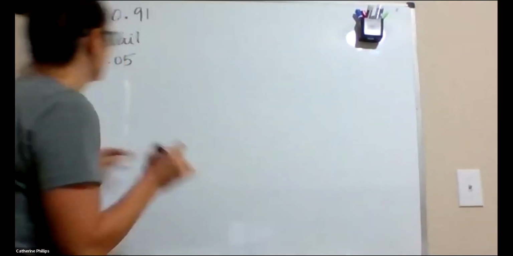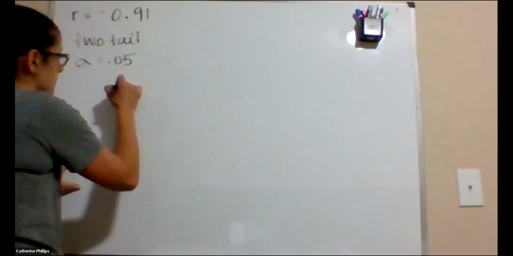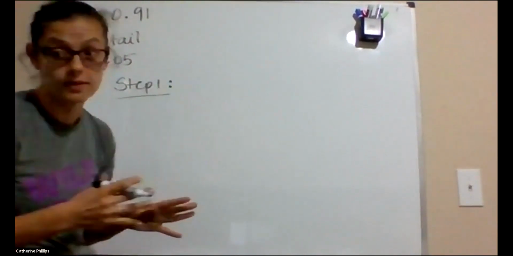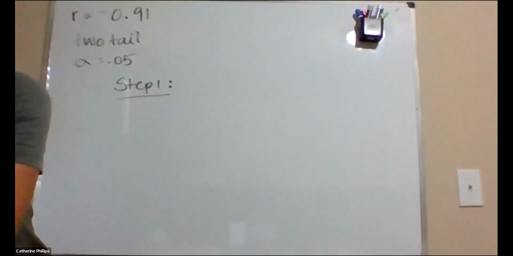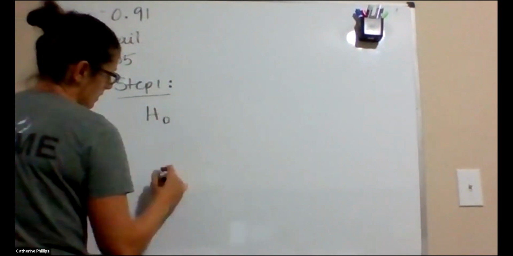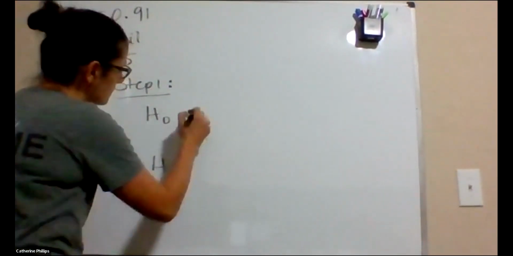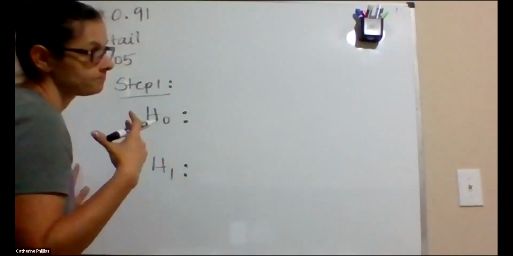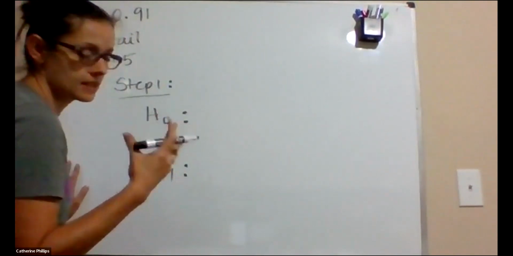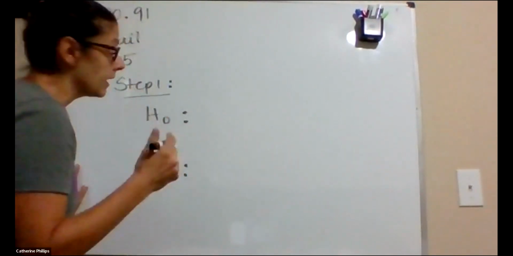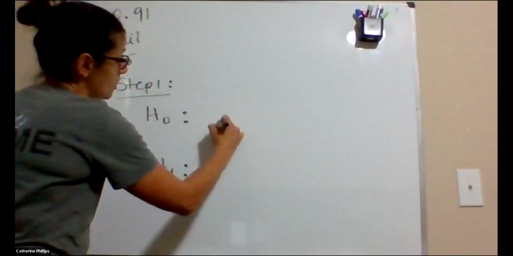Step 1 of the hypothesis testing procedure is always state your hypotheses. In this case, we've got a two-tailed test. So our null and our alternative. Here, the population parameter that we're trying to make a decision about, that's rho.